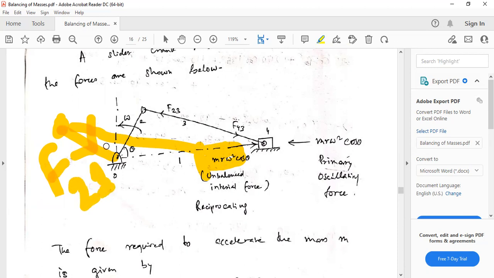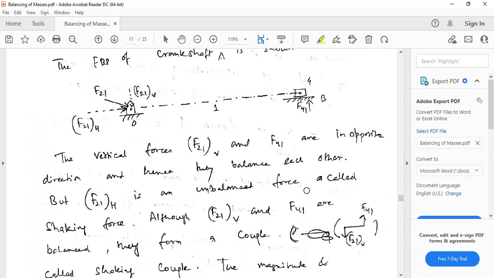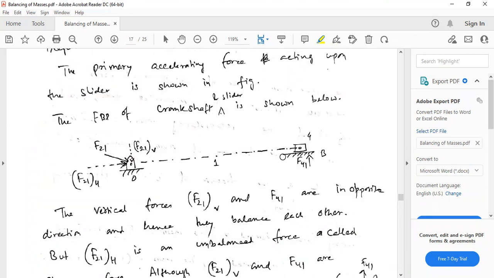There is a centripetal force towards the center, and here for link 4 and link 1, the centripetal forces will always be vertical in this case. So F21 and F41 we have taken. Because the slider is linked with your crank, we have to show them together, and they are linked commonly with link 1. So link 1 is here, link 1 is here also. That's why we have shown this force F21 and this force F41.